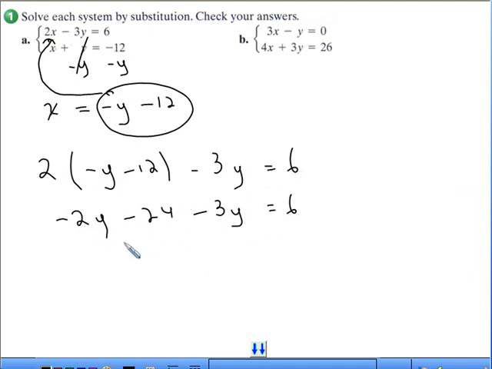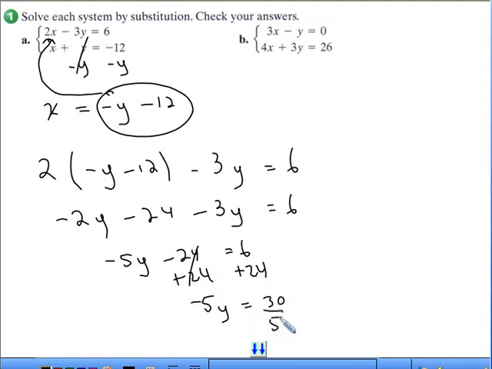Combine like terms. We get negative 5y minus 24 is equal to 6. Add 24 on both sides. Negative 5y is equal to 30. Divide both sides by negative 5. So y is going to be equal to negative 6.